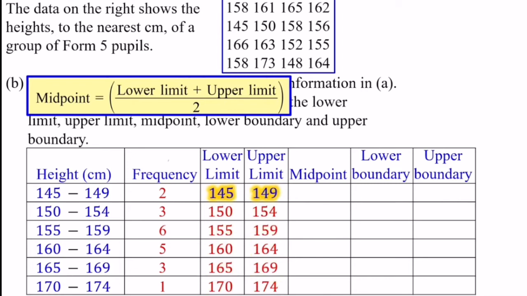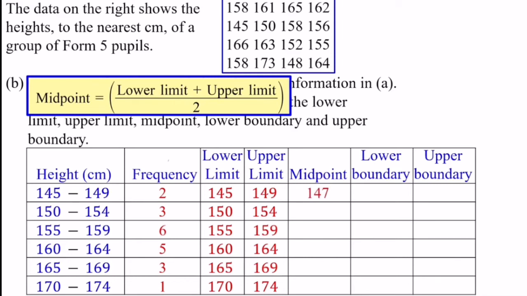Make sure you divide by 2. After you divide by 2, you will get the midpoint between 145 to 149, which is 147, right? 147.